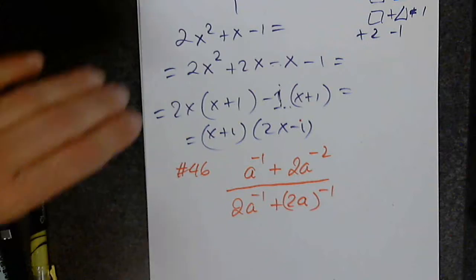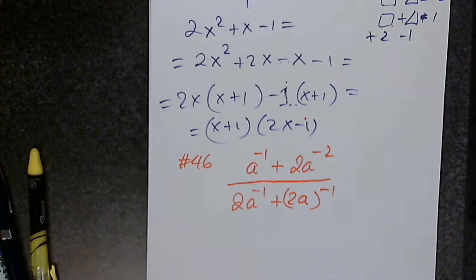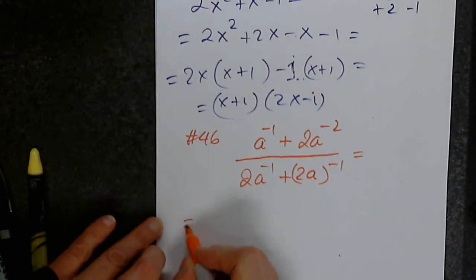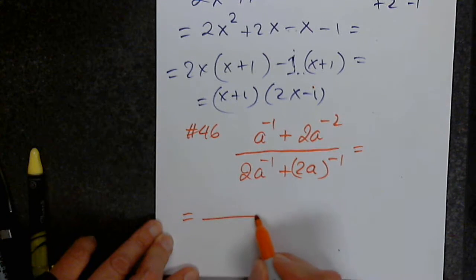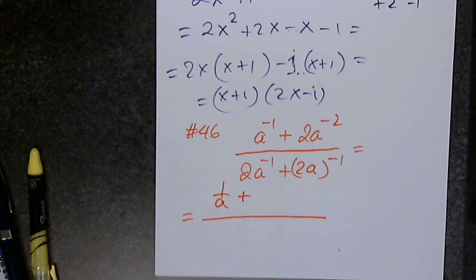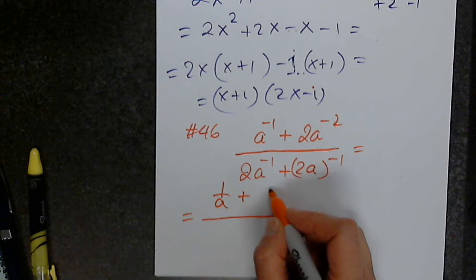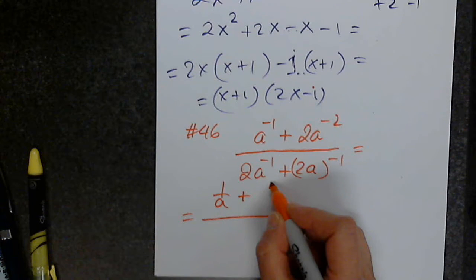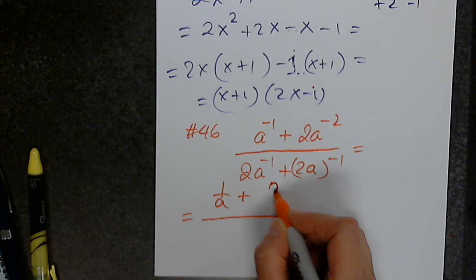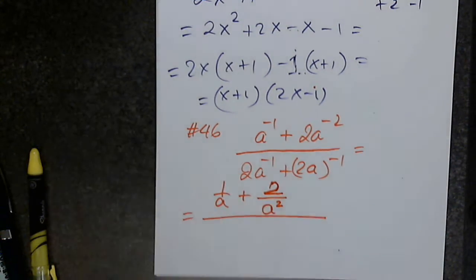Good. Whatever the exponents we just wrote, right? So you can ask what does this have to do with what we're doing? But a to the negative 1 means 1 over a, plus 2 to the power 1 times a to the negative 2 means 2 over a squared.